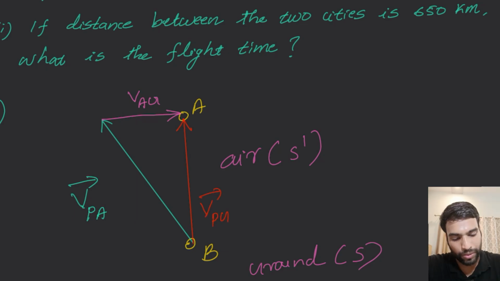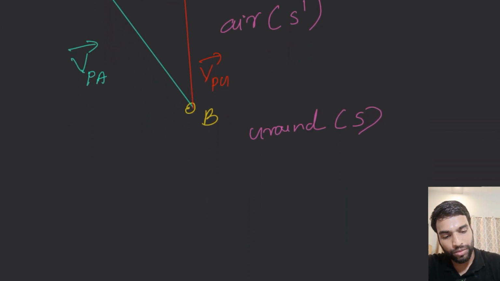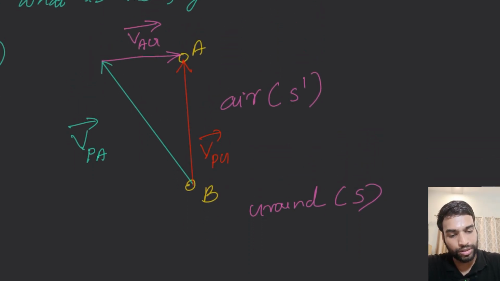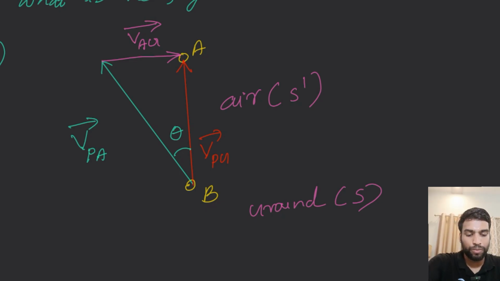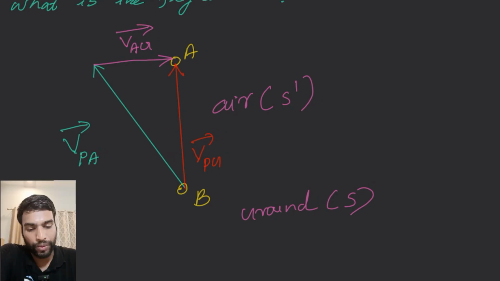And let me draw an overwrite arrow for VAG. Now clearly what we have to find is the angle theta, right? Basically the angle subtended by the aeroplane's path with respect to the imaginary line connecting A and B, or in other words longitude, right? Good. In the first part of the question we have to find the angle theta.